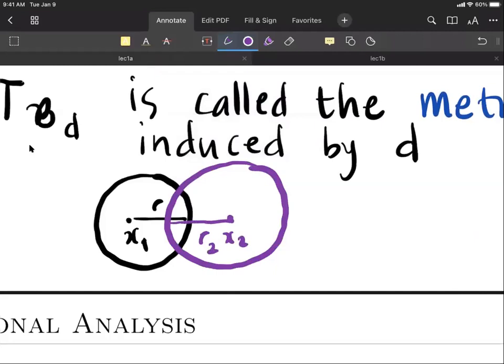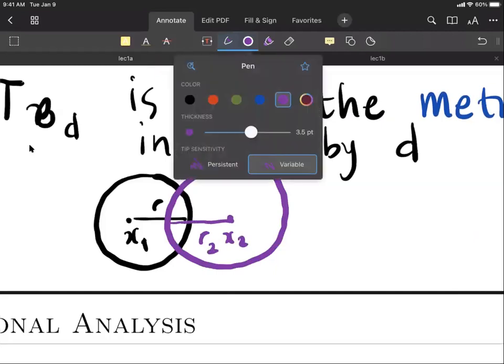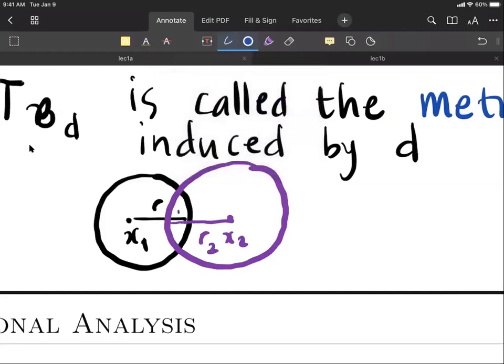Then you could take an x3 in the intersection.